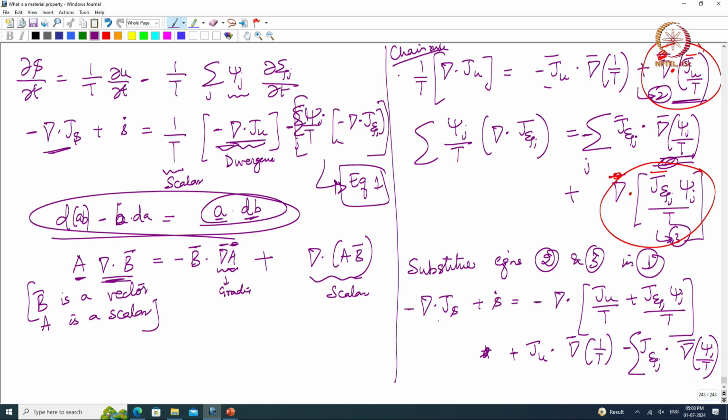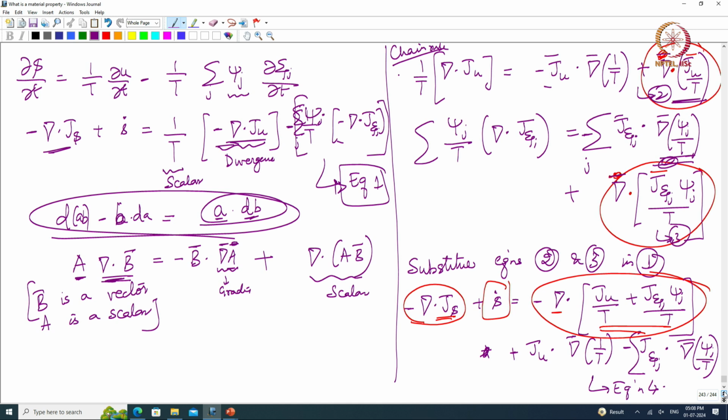Now if I compare these equations, this is equation 4, then what I get is the divergence term, the Js term, is actually this term, right. So this is just the divergence of something else. That is my Js, okay. What I am actually interested in is S dot, right. So just by comparing these two things one on one, I have S dot equal to, let me go back to equation 4, I am just going to write this entire expression as S dot, right.